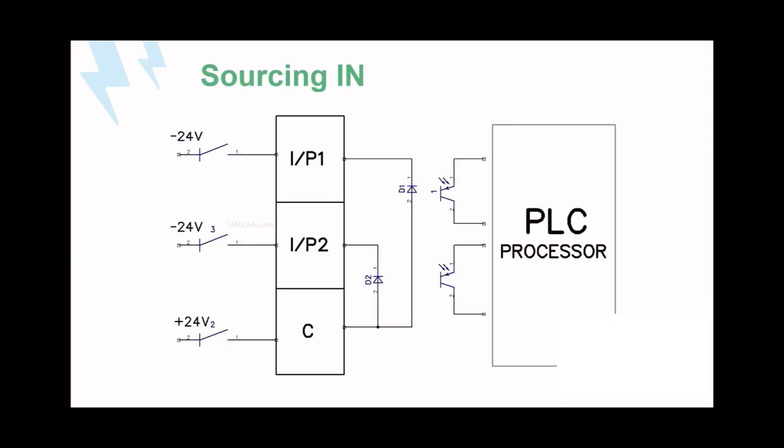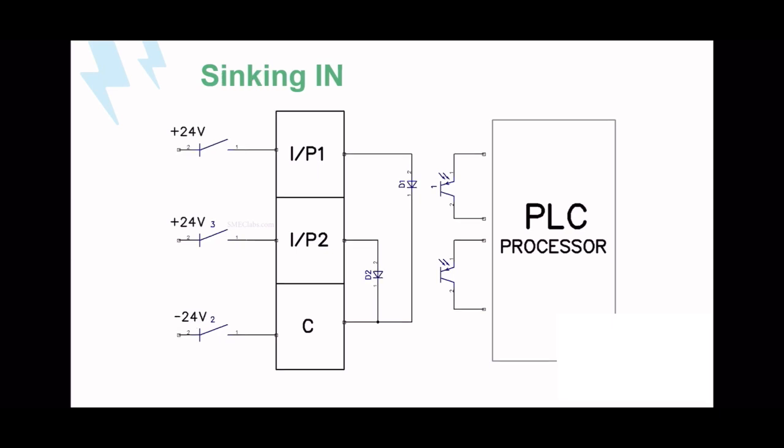Okay, then in the case of sinking input, you can look into the wiring diagram of your particular PLC. You can see the diode is in inverse to the previous slide. That means here the N region is in the downward direction and the P region in the upward direction.